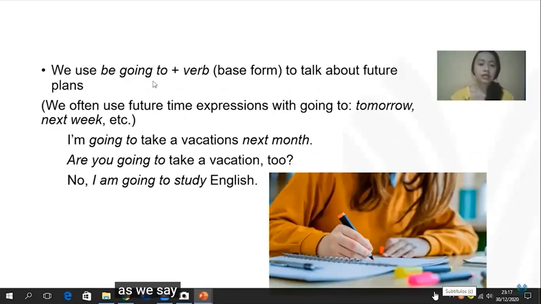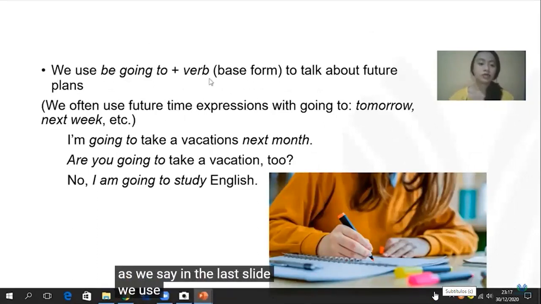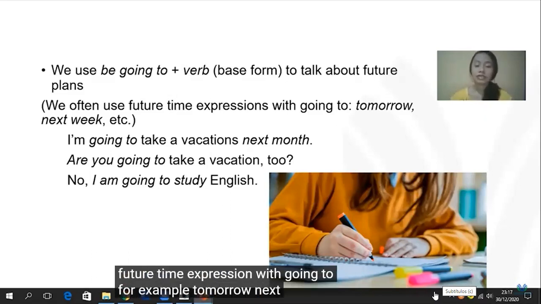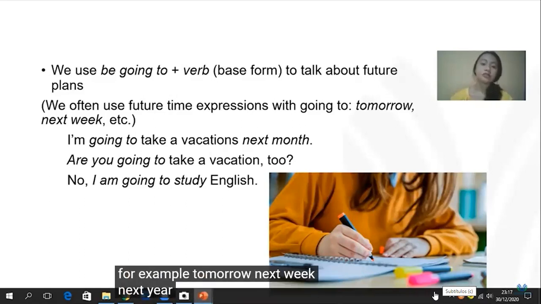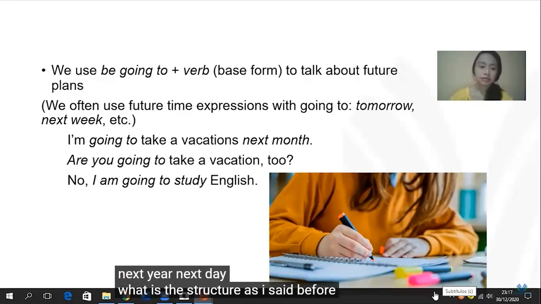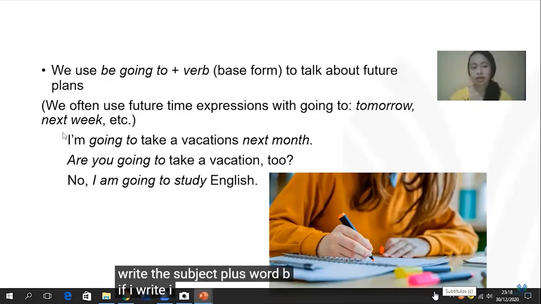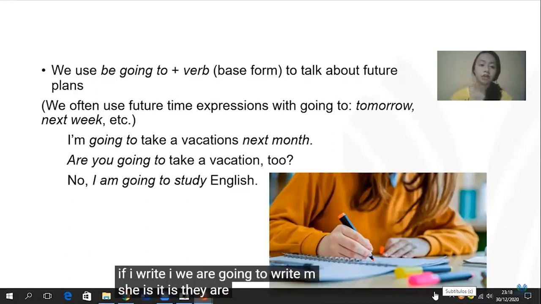As we say in the last slide, we use going to talk about futures plans. And we often use future time expression with going to. For example, tomorrow, next week, next year, next day. What is the structure? As I said before, we first write the subject plus verb by right I, we are going to write am, which is, we are.